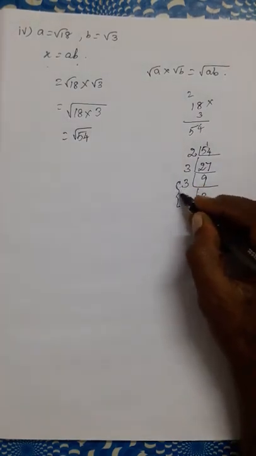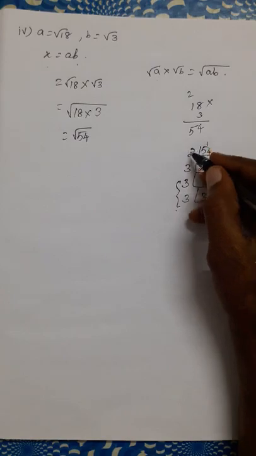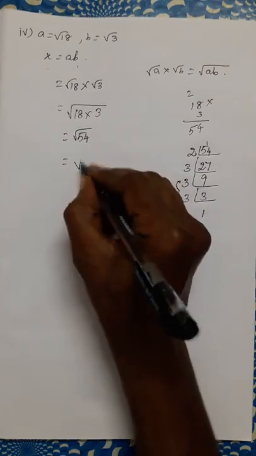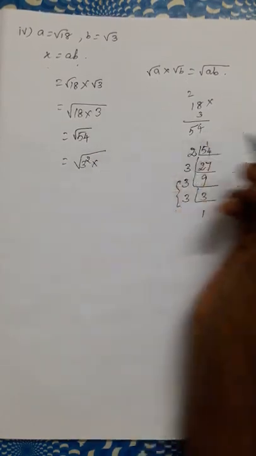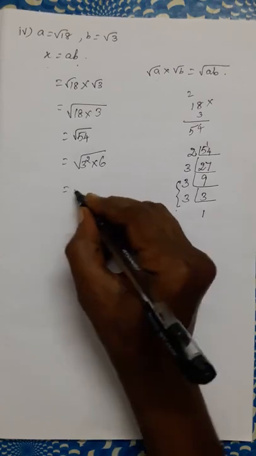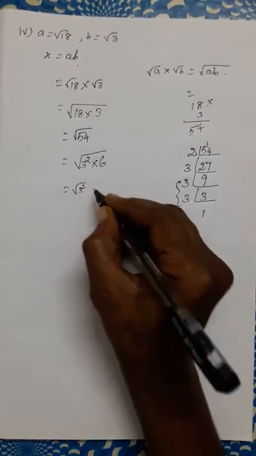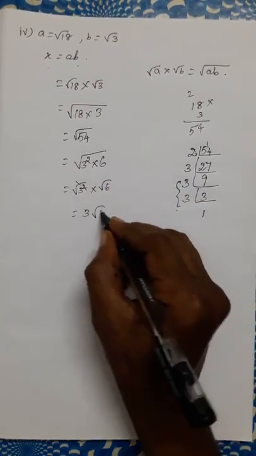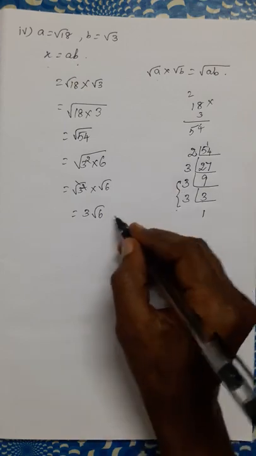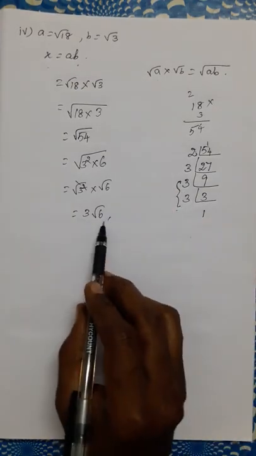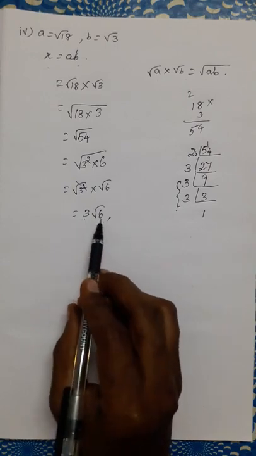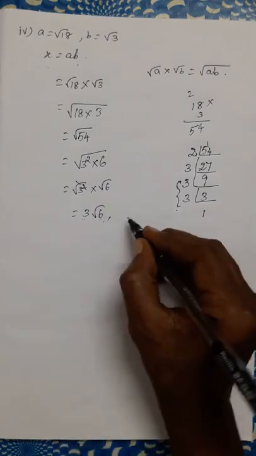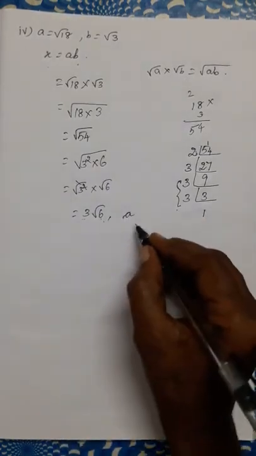This 2 is not having a pair. If it is not having a pair, we can leave it. So root 3 square into 6. We can write it like this also: root 3 square into root 6 is equal to 3 root 6. A rational number into an irrational number together is an irrational number.